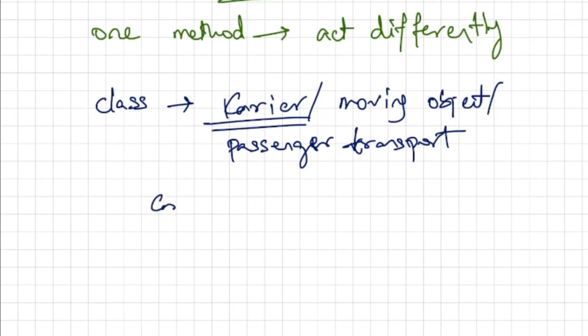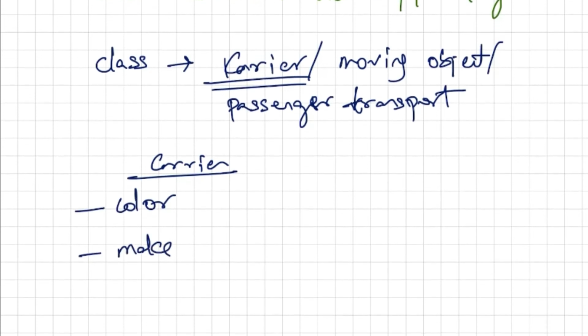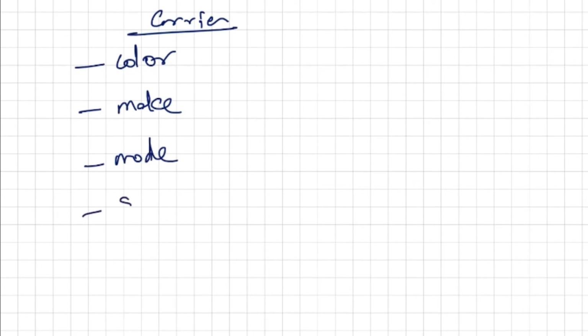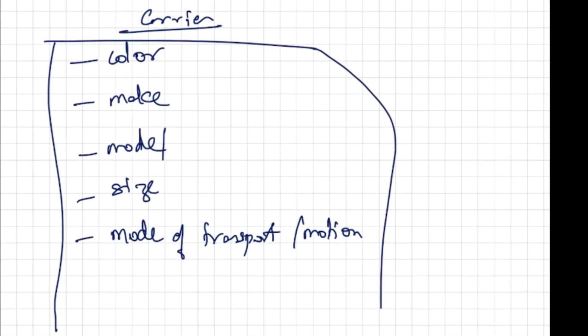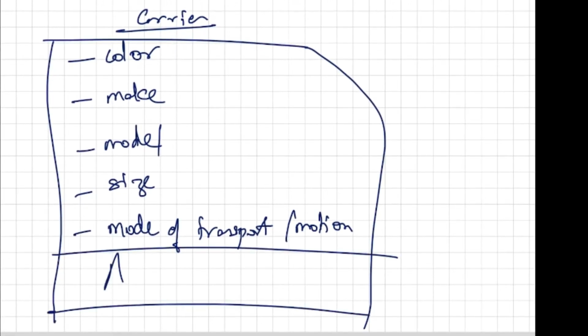So a carrier will definitely have properties like color, make, model, size, mode of movement or transport, so many things. All these are attributes.